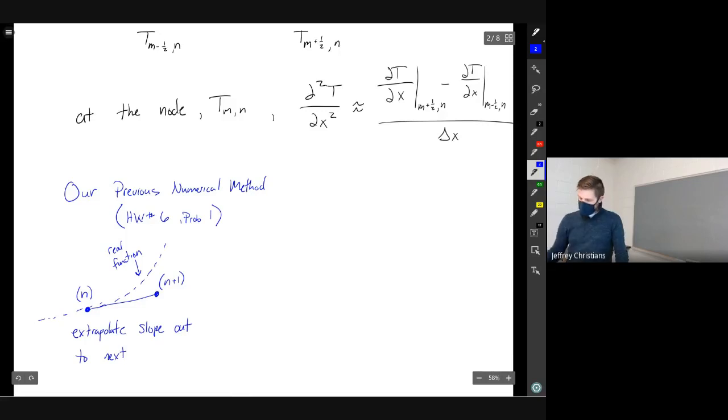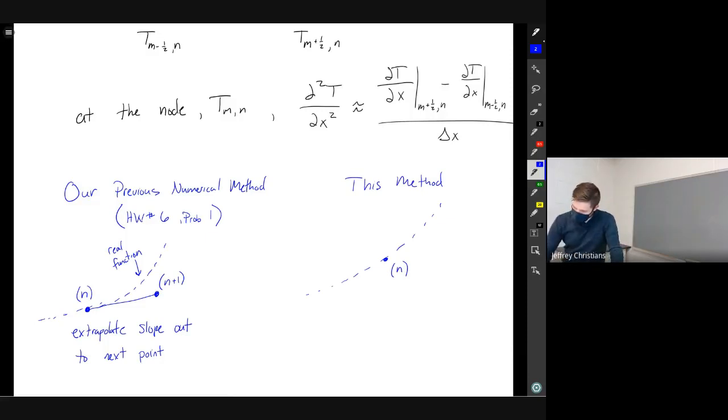So what we're going to do with this top method is, if we have a real function like that and want to find the slope at n, we look at n minus 1/2 and n plus 1/2, connect those with a line, and use that to estimate the slope at position n.